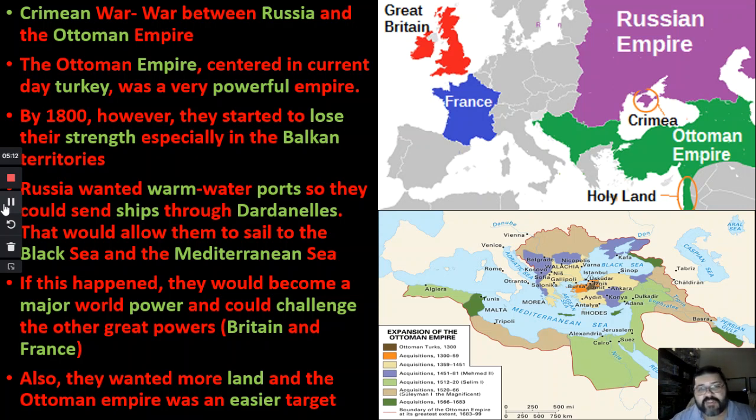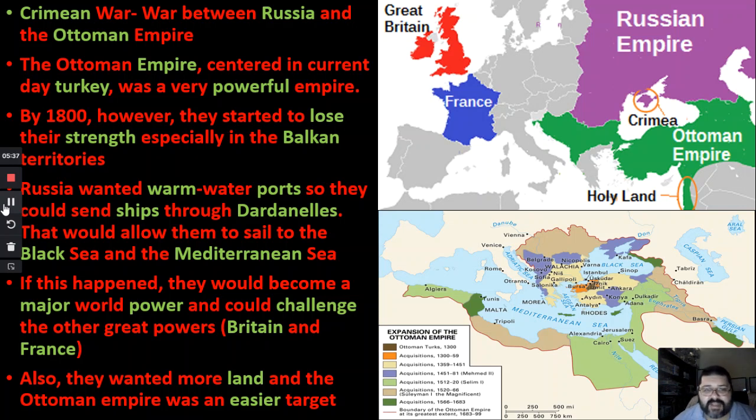A port is where a ship can be made and loaded, and put into the water. And that is warm water territory. And that water connects to the Mediterranean Sea.